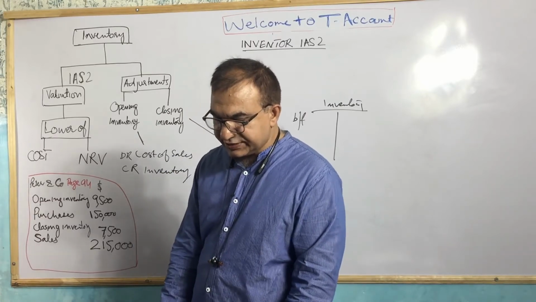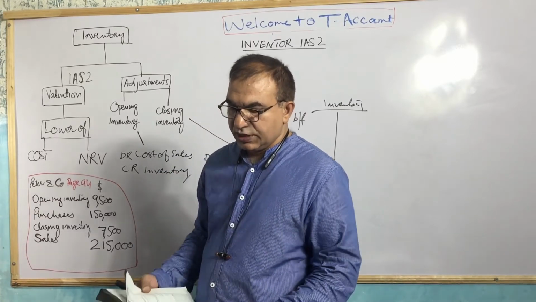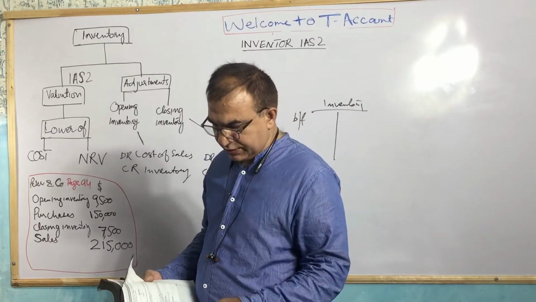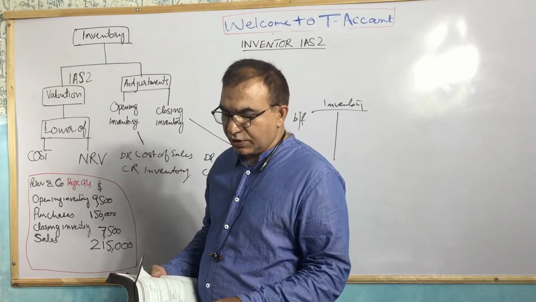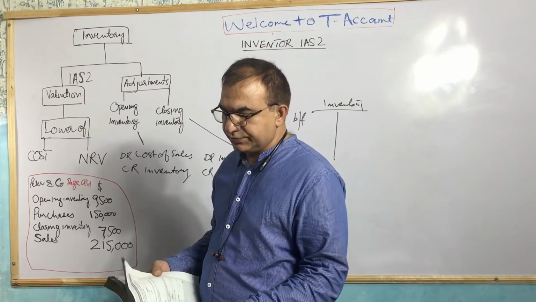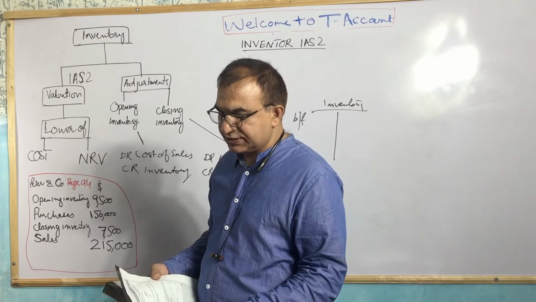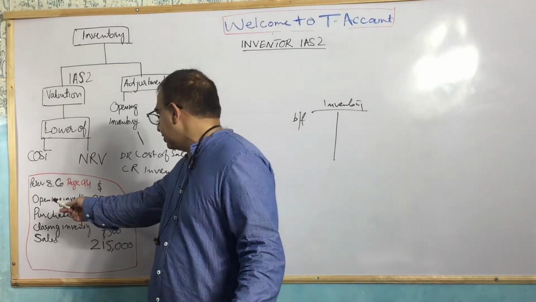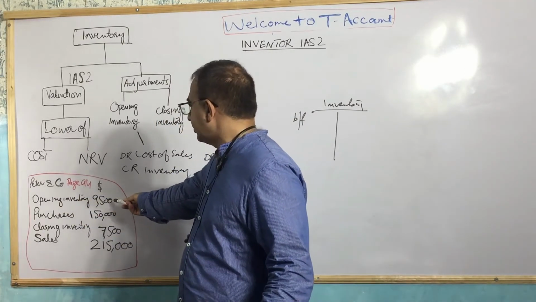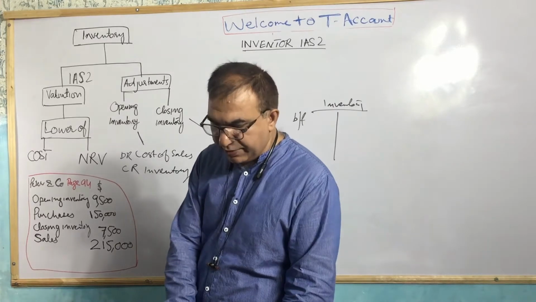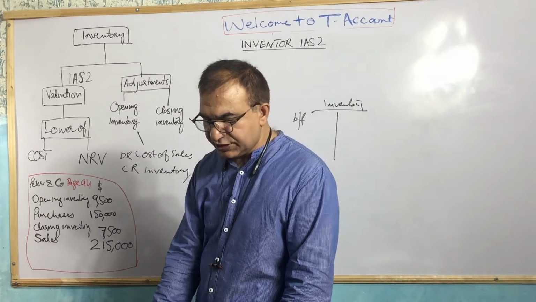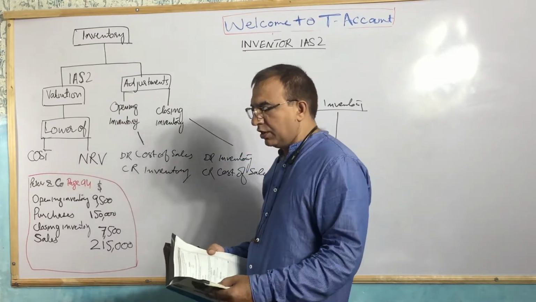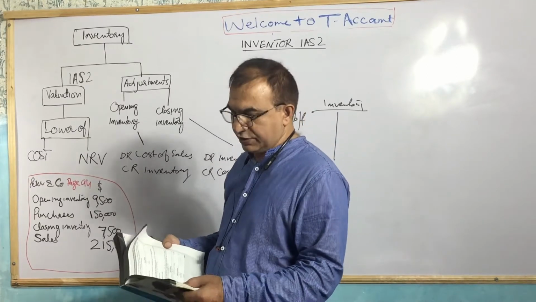Peter buys and sells washing machines. He has been trading for many years. On 1st January, his opening inventory is 30 washing machines which cost 9,500. So I noted opening inventory 9,500. He purchased 65 machines in the year amounting to $150,000.